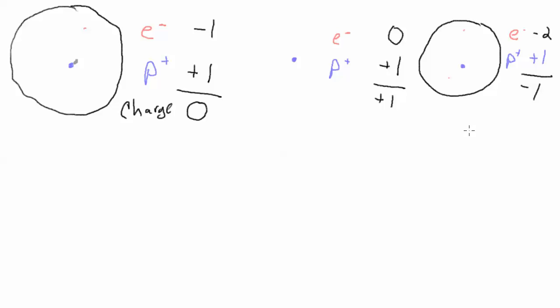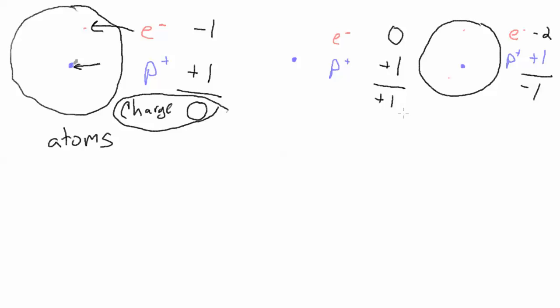So what's going on here with these weird atoms? Normally, in a normal atom, you have the same number of protons as electrons. And because you have the same number, the charge is 0. Normally we just call those atoms. We might talk about what element or what isotope the atom is, but usually we just call that an atom.